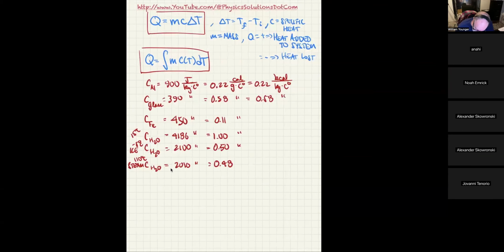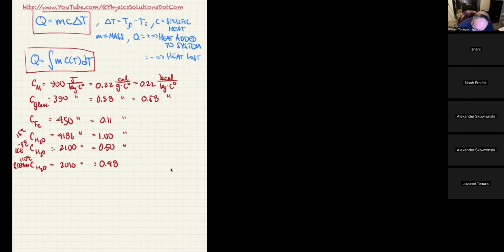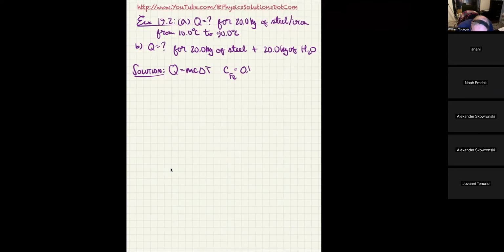I'll end up doing both anyways, so I'll say 0.11, and this would be kcal per kilogram Celsius degree. And specific heat of water, of course, is going to be equal to 1.00, and that also would be kcal per kilogram Celsius degree. So that's really what we need. We'll start off with part A.